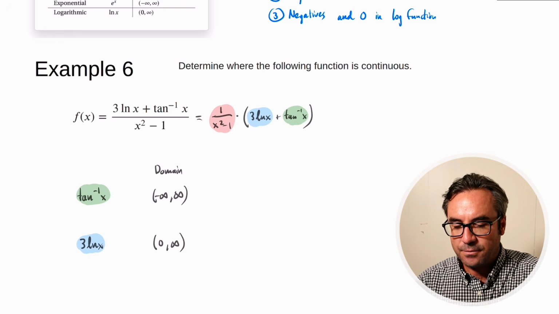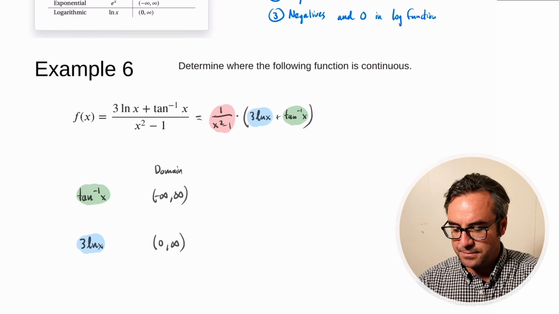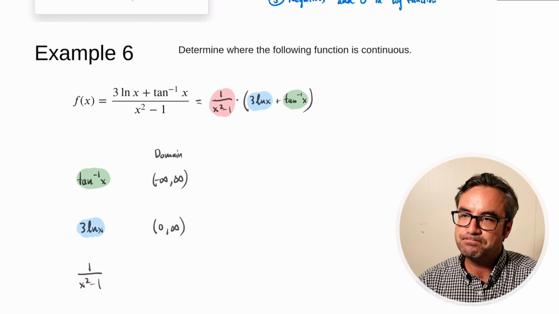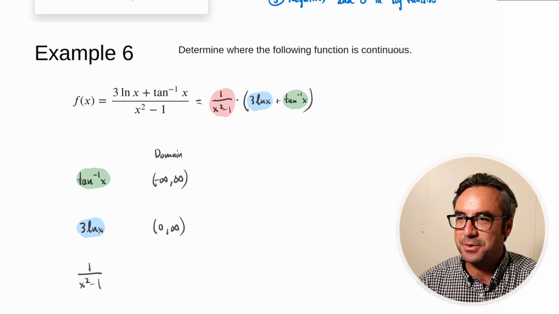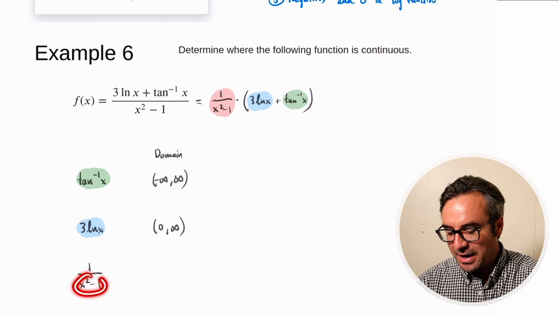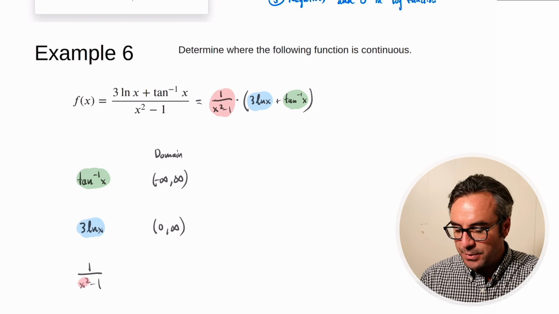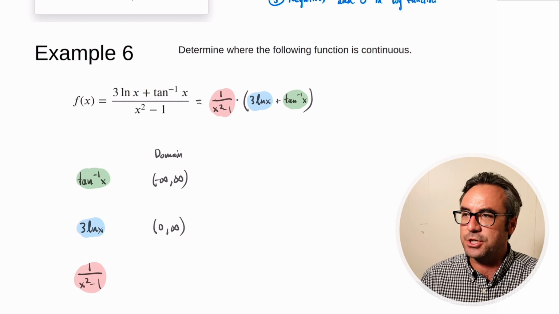And then finally, we've got that rational function, the 1 over x squared minus 1. So it's a polynomial on the top, actually just a constant function there, and then we've got a polynomial on the bottom. So where are these rational functions continuous? What is the domain of a rational function?